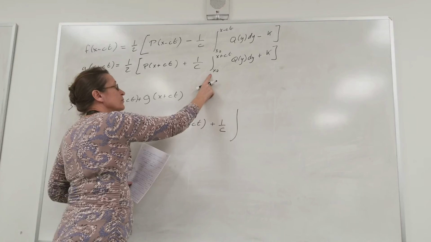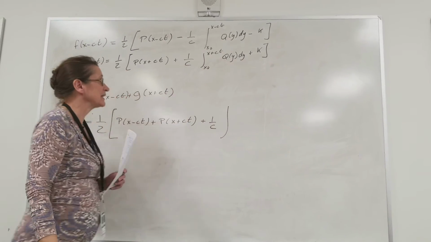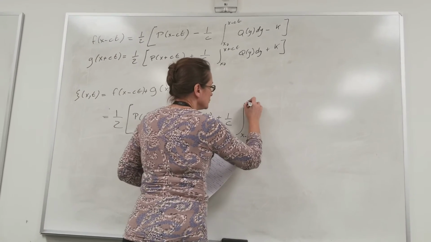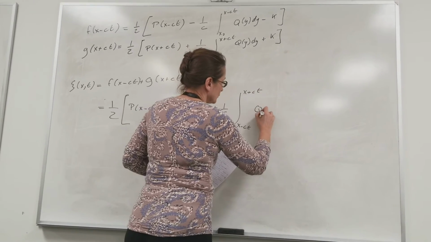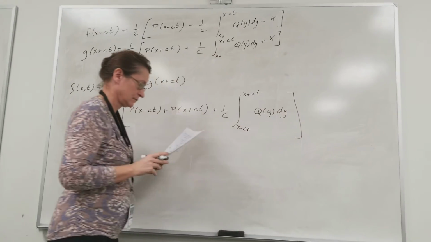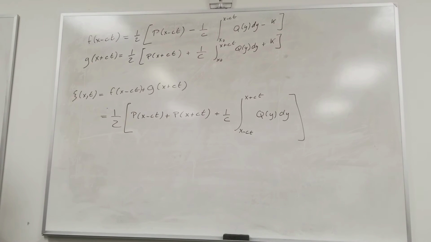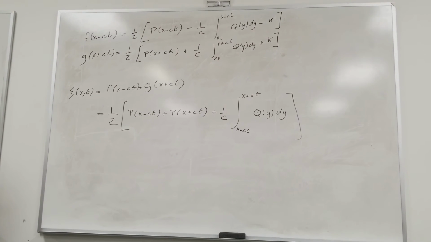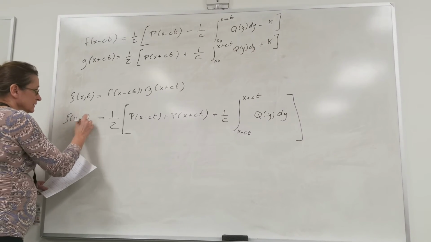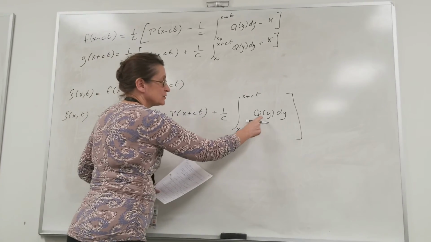When we integrate from x0 to x plus ct minus the integral from x0 to x minus ct, we end up with an integral from x minus ct to x plus ct of q of y dy. Okay, so that's our zeta of x and t dependent on our initial displacement p and initial velocity q.